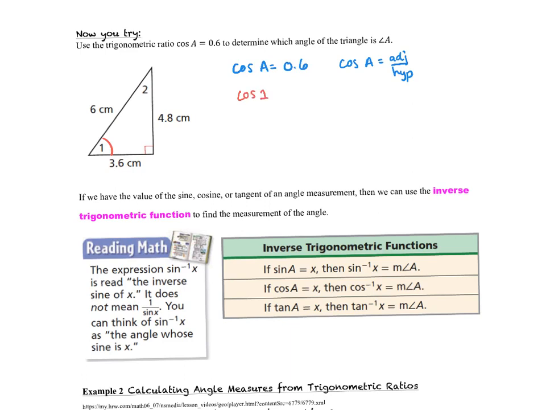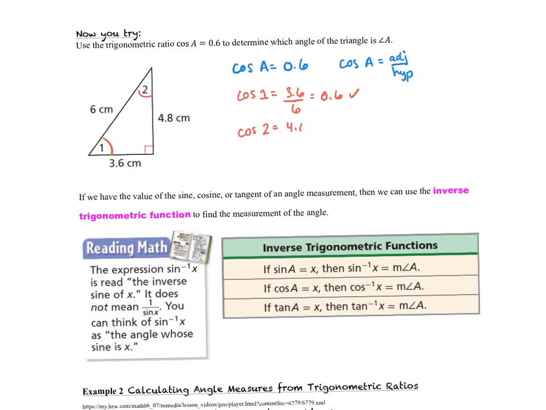I'm going to start with cosine 1, which is equal to adjacent 3.6 over the hypotenuse 6. And I'm going to see what that calculates to, which is 0.6. So that one works. And just to make sure that I'm not doing something weird here, I'm going to try cosine of angle 2.